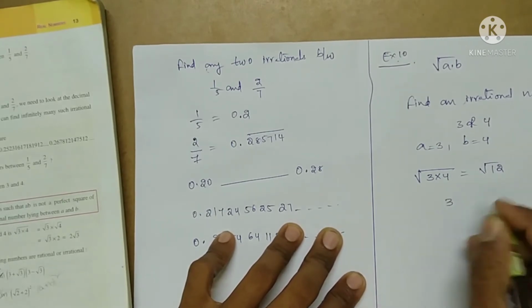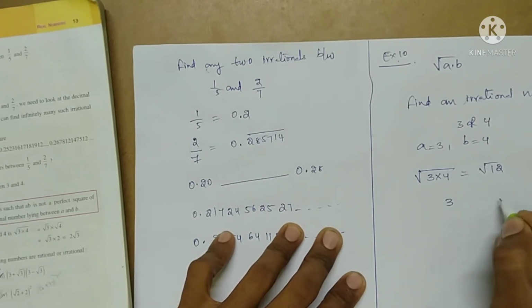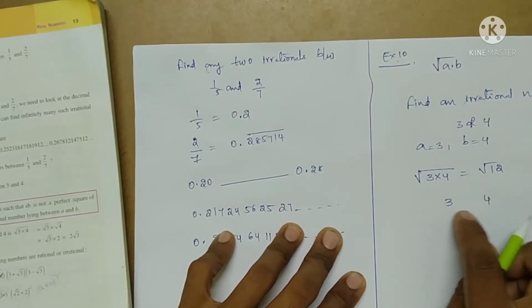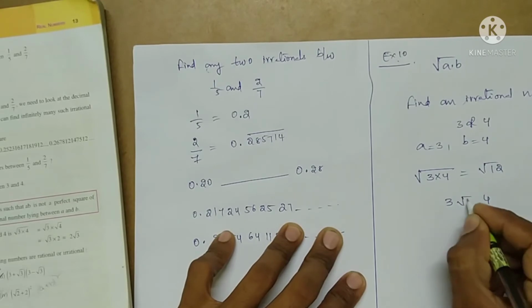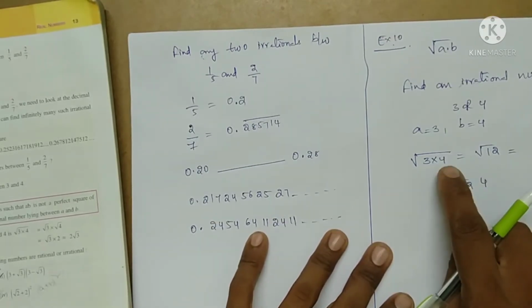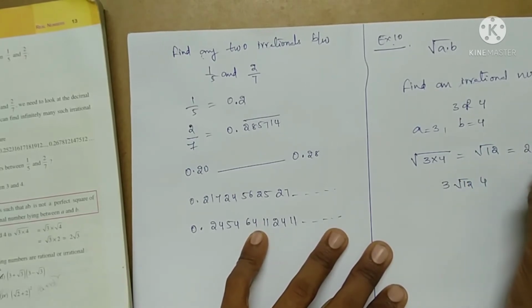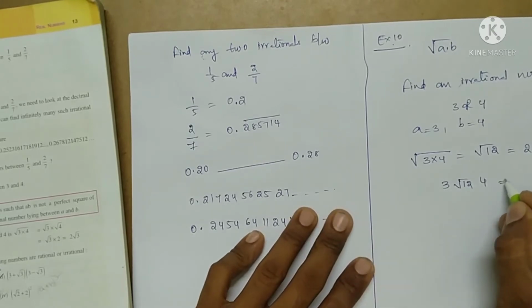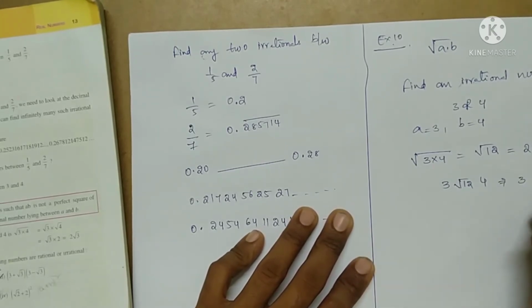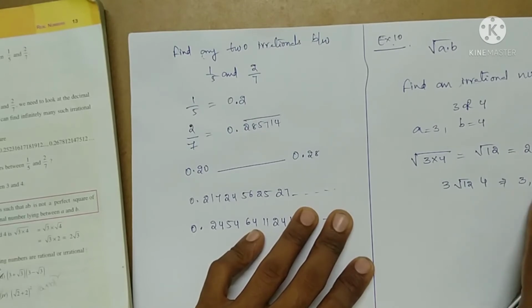The square root of 12 can be written as the square root of 4 into root 3, that is 2 root 3. So the irrational number between 3 and 4 is 2 root 3.